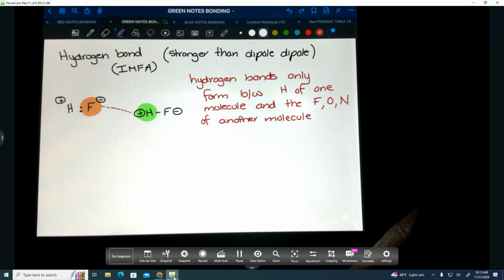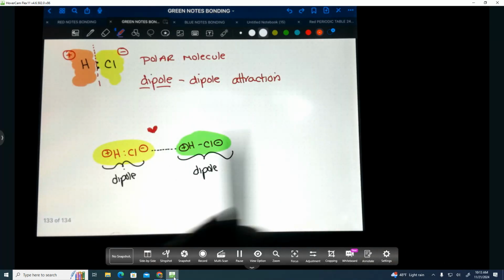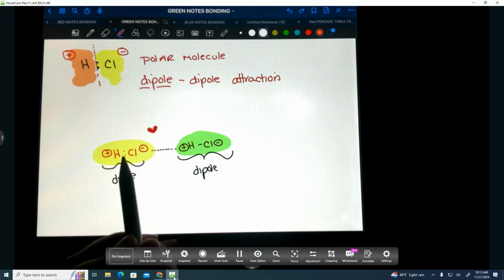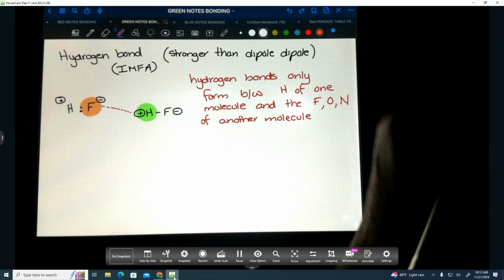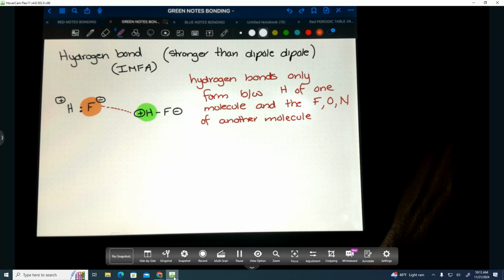That's the hydrogen bond. There is no hydrogen bond here because it's the hydrogen to a chlorine. Hydrogen bonds only form between hydrogen and nitrogen, oxygen, and fluorine. Fluorine being the strongest hydrogen bond because fluorine has the highest electronegativity. Okay?